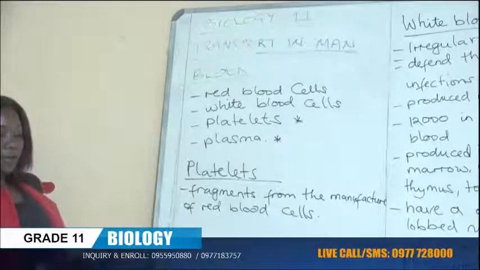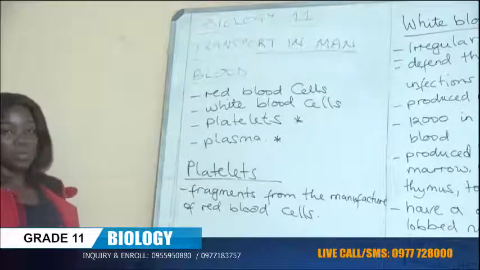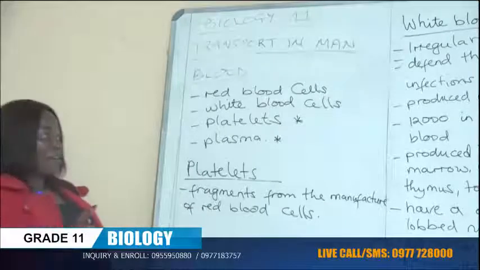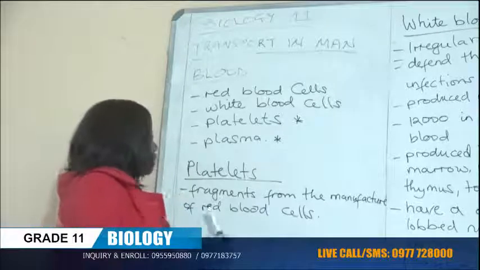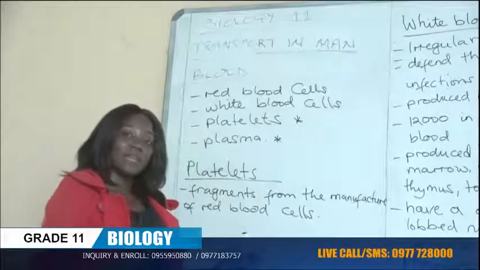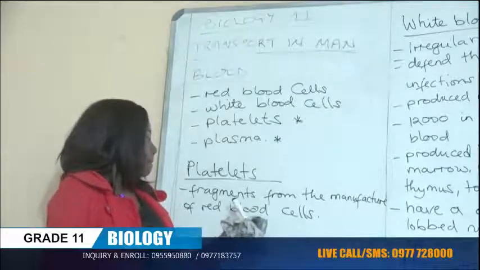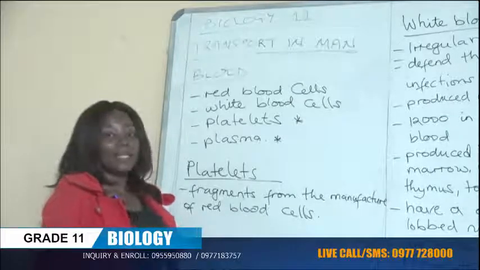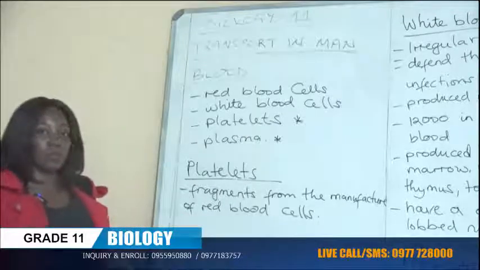So I said that a red blood cell is smaller than a white blood cell. White blood cells are bigger. Now, if a red blood cell is very small, the size of a platelet is about a quarter of a red blood cell, which means that they are extremely small.